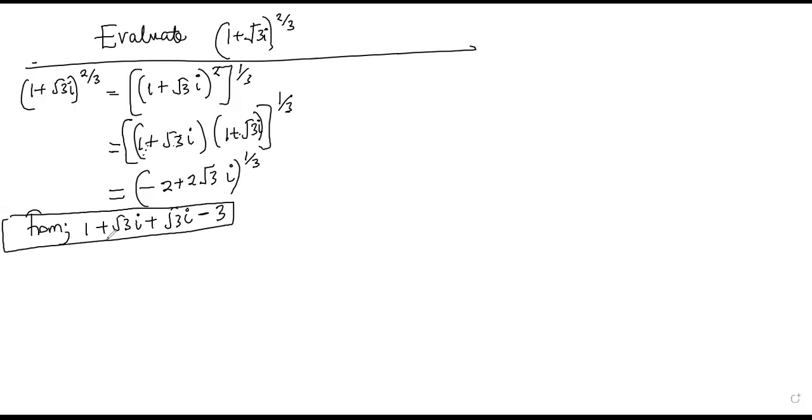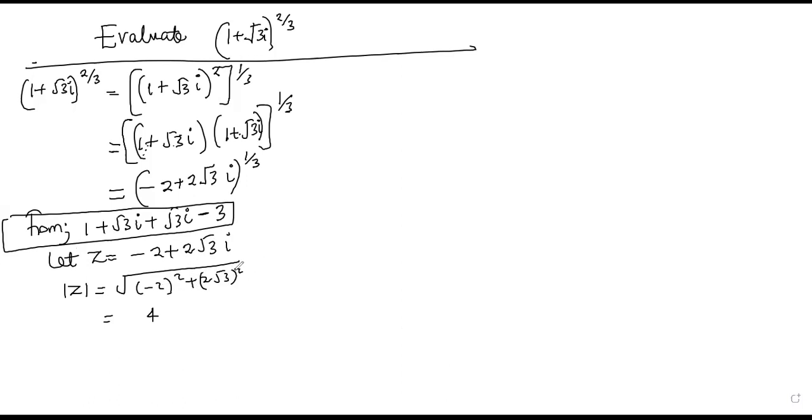Having obtained this, it means that if I let my z to be equal to -2 plus 2 root 3i, okay? So I can get my magnitude of z, which is going to be equal to the square root of -2 squared plus 2 root 3 everything squared. So this is 4, then 4 times 3, 12, plus 4, 16. So the whole result will bring it to a 4.